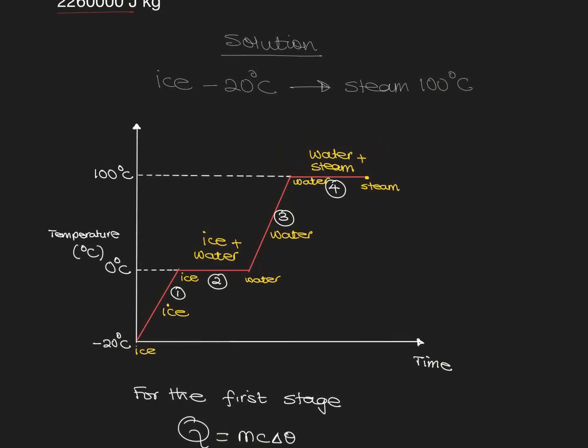Moving on to the second stage, we have ice at 0 degrees Celsius that is converted to water at 0 degrees Celsius. So this is a phase change. The energy involved in this will be the specific latent heat, specifically the specific latent heat of fusion.